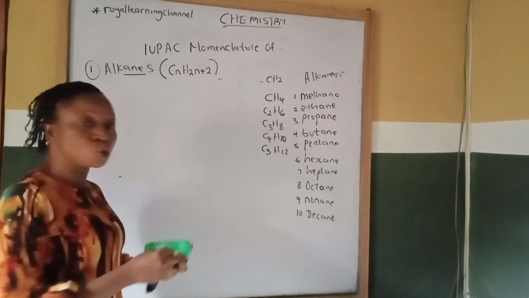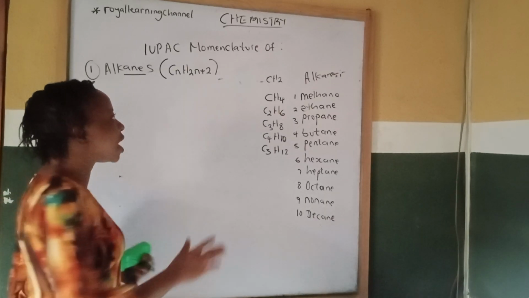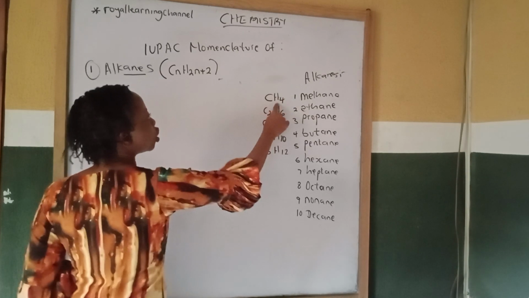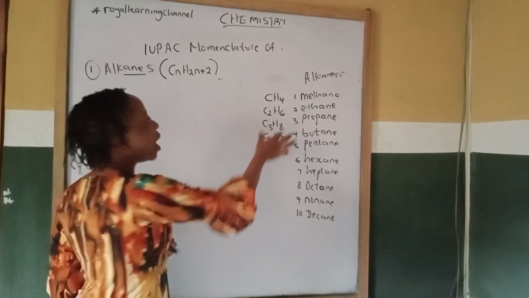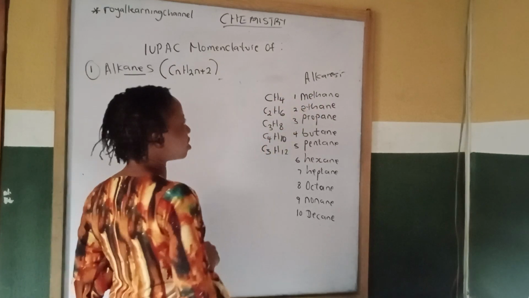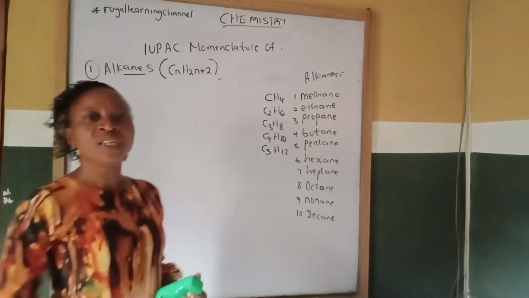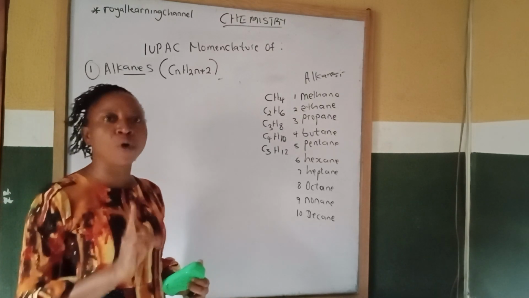Now, let's move to the structural formula. How can we draw the structural formula of methane, which is the first member? In organic chemistry, each carbon atom must be surrounded with 4 chemical bonds.